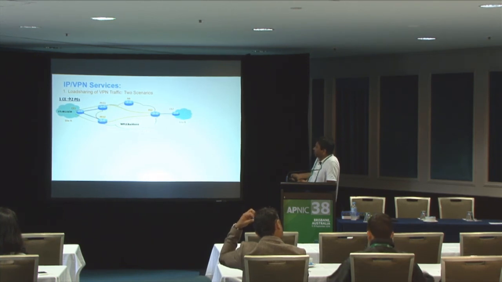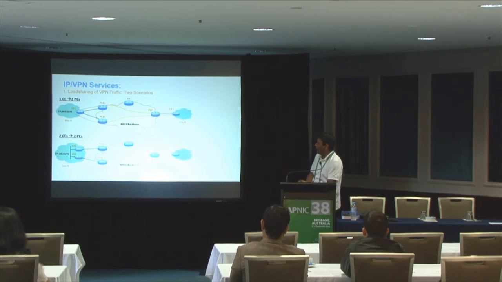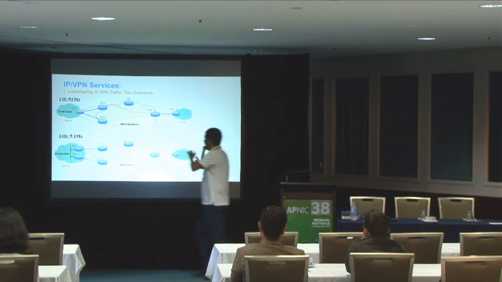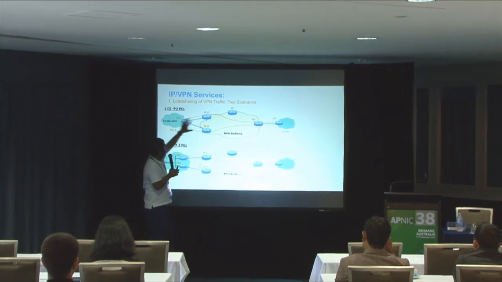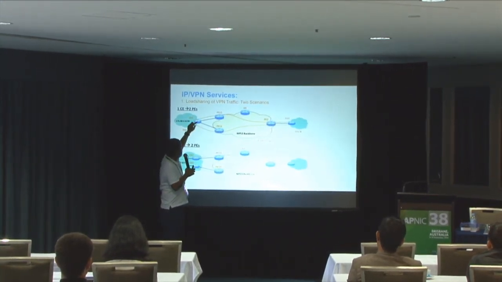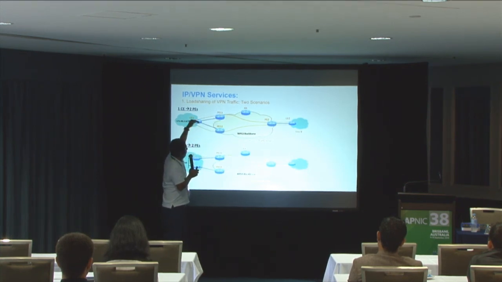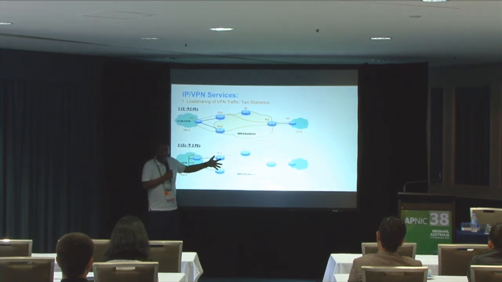So for that load sharing, we could have two scenarios. One scenario is that the customer site can be connected to my network using a single router, a single router connected to two different PEs. The second scenario is two different routers, two different PEs, right?